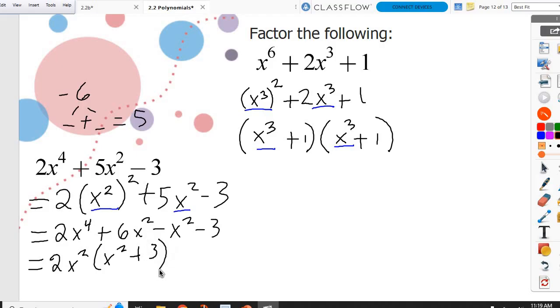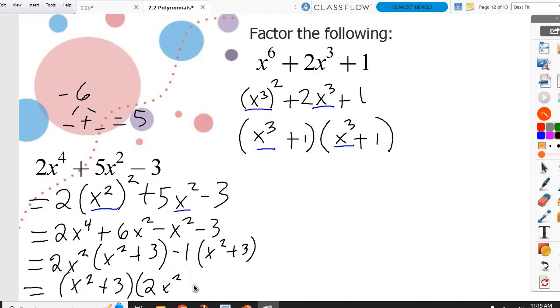And then what do our second 2 share? And we're left with? Cool. Well, now what's special about our parentheses? They're the same, so we can factor those out, and we're left with 2x squared minus 1.